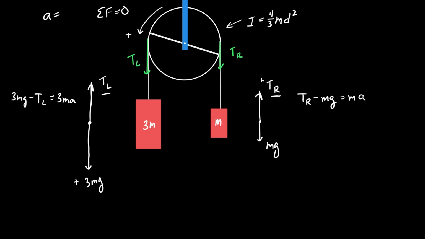There's lots of forces acting on the pulley that we haven't identified, like it's got weight and there's a normal force. But the only ones that actually matter are the ones that act outside the center of mass, because these cause it to rotate. And those are the ones that we're interested in. So that'll be net torque equals I alpha.